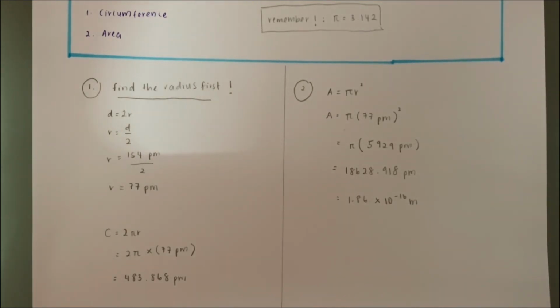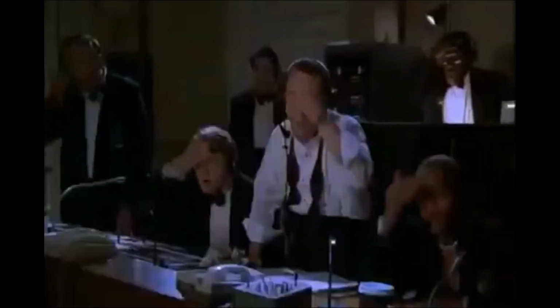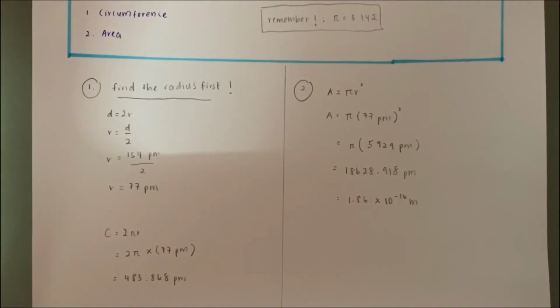As for number 1, before we find the circumference, we should find the radius first. Given that the diameter of carbon is 154 picometer, as we know, the diameter is equal to 2r, which is 2 radius.